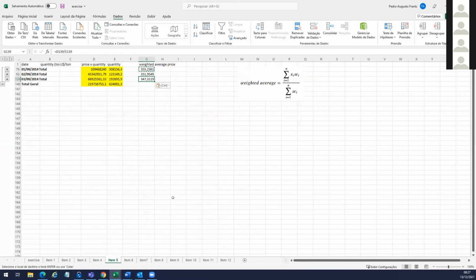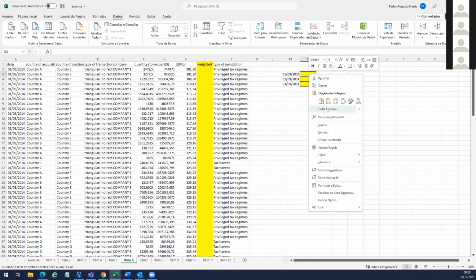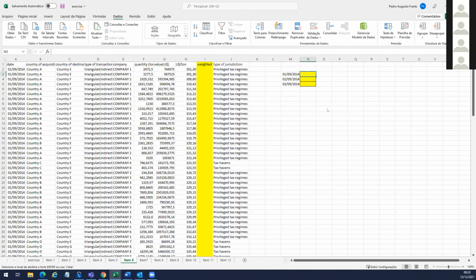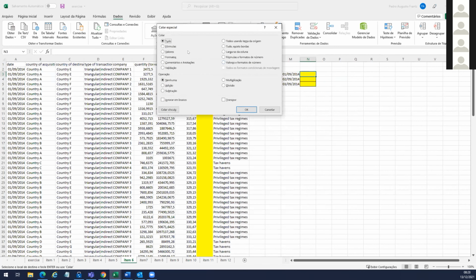I will copy these 3 weighted averages to here. Right click, paste special, values. Okay, here we have our 3 weighted average prices.